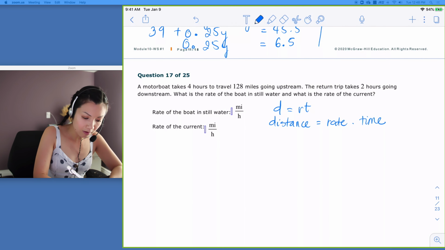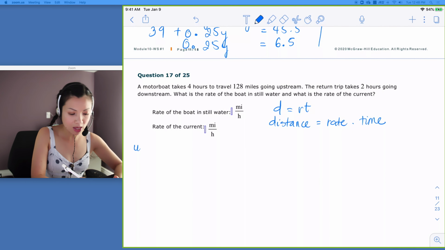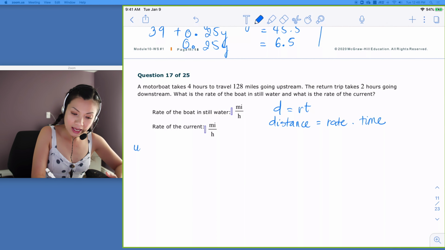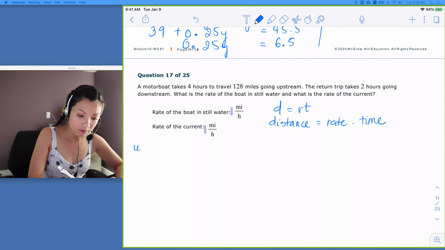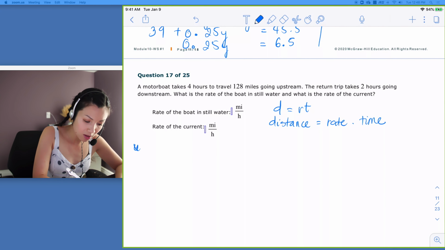So we have going upstream. When you go upstream, that means you go against the current. They're asking what is the rate of the boat and what is the rate of the current. So we have going downstream, which is with the current, and going upstream is against the current.